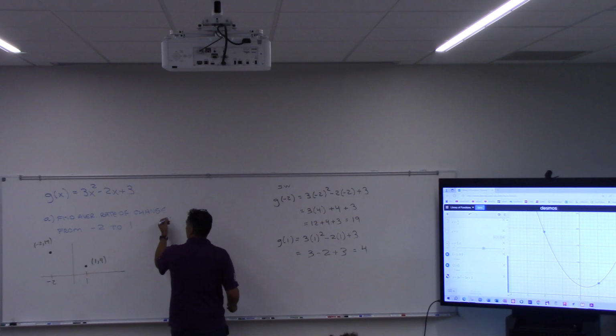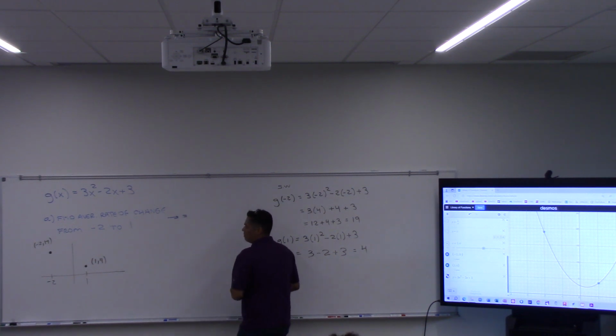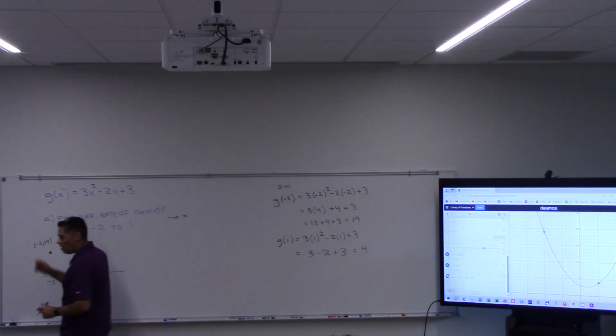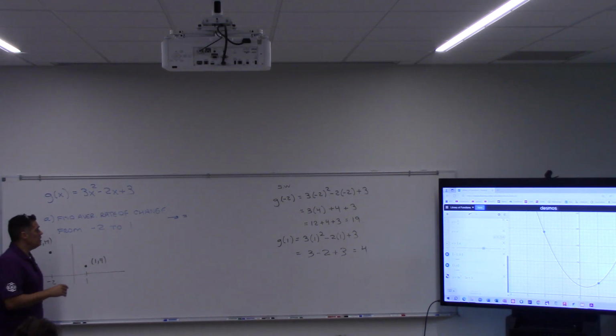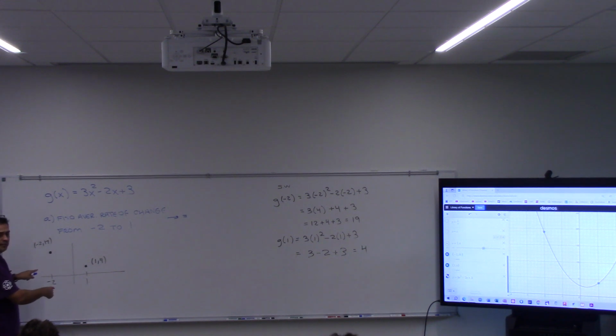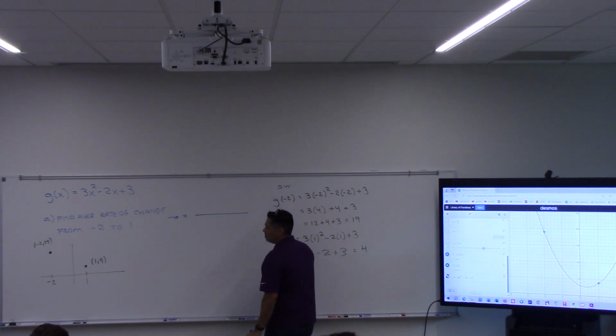So what's the answer to this? This should be equal to what? Let me call on somebody. Philip. Okay, Philip. Just tell me what I'm going to calculate here. f of b minus f of a.